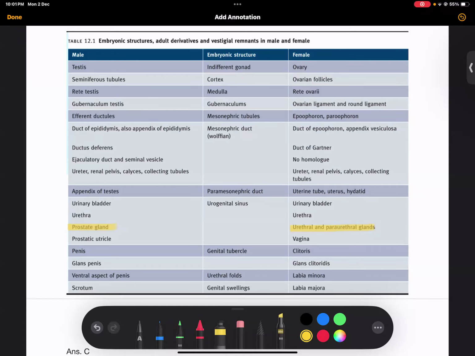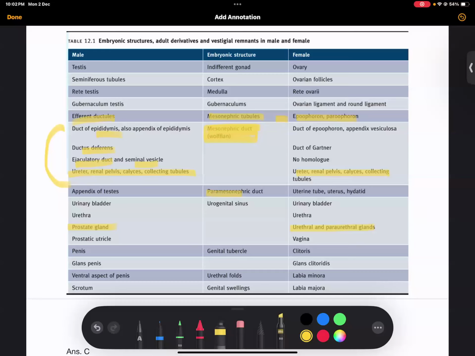So the mesonephric tubules, you know, form the epoophoron, paroophoron, and also the ductules. This mesonephric duct is actually your Wolffian duct and it develops into the male genital tract mostly: the epididymis, ductus deferens, ejaculatory duct, seminal vesicle. So basically this is your male genital structure, and also the urinary system, in both male and female: ureter, pelvis, calyces, collecting tubules.